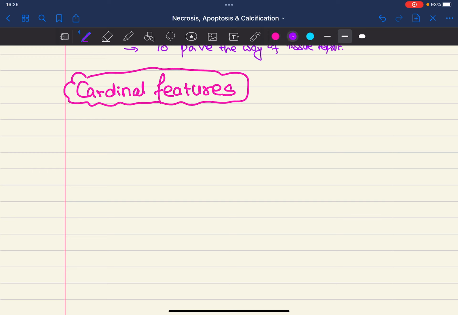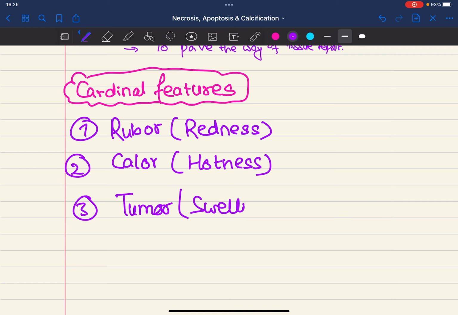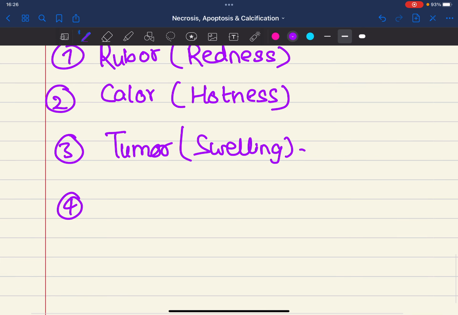Cardinal features of inflammation include rubor, which is redness. Second one is calor, which is hotness, warmth. Third one is tumor, which is swelling. Fourth one is dolor, which is pain.